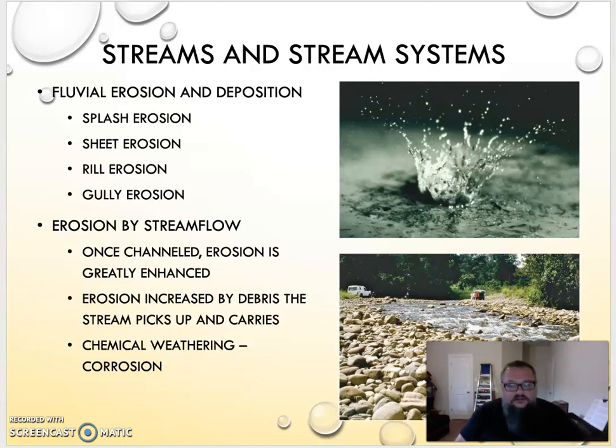So there are four different types of erosion that happen in overland flow, and in this order they happen: splash erosion, sheet erosion, rill erosion, and then gully erosion.